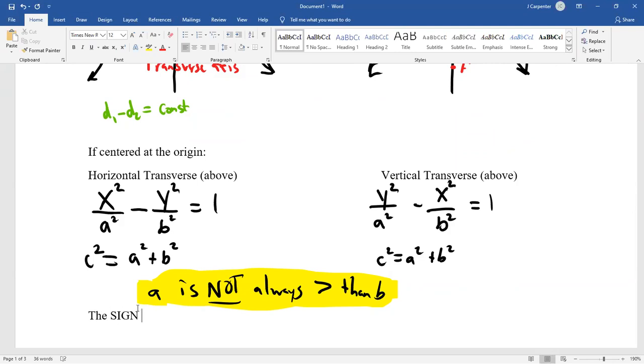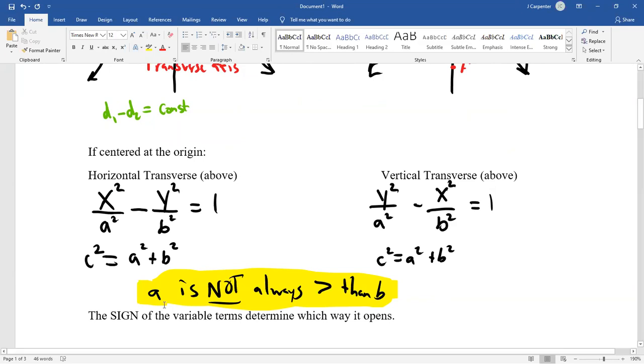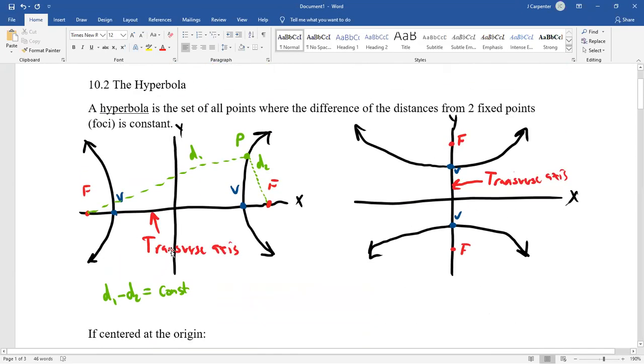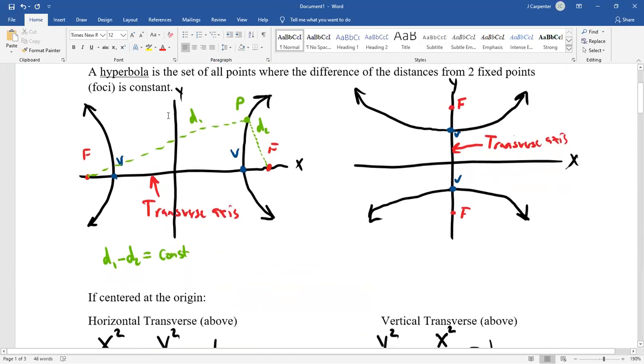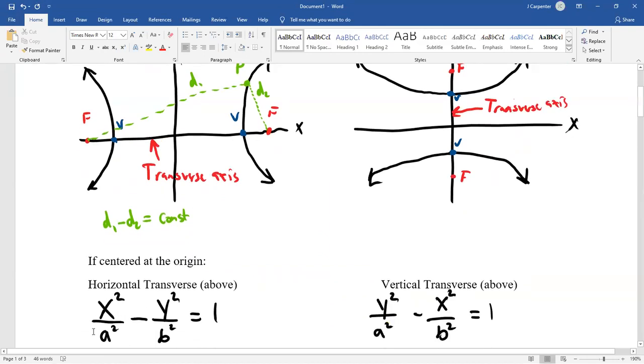The sign of the variable terms determines which way it opens. So when the horizontal axis was transverse, the x squared term was positive and the y squared term was negative.